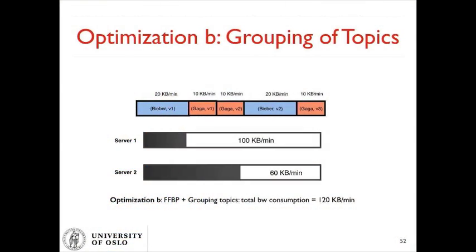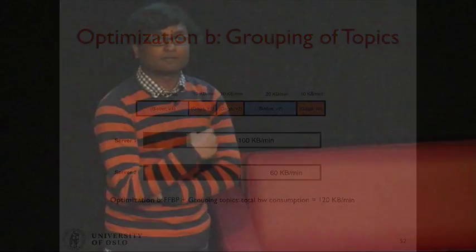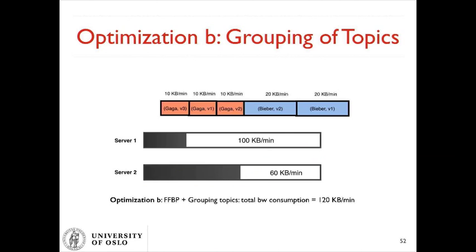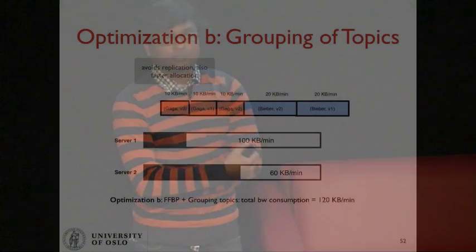So the first optimization we introduced in our solution is grouping of topics. Instead of looking at each topic subscriber pair separately, we can group them according to the topics and allocate the groups of topics together. By doing this, we are achieving two things.